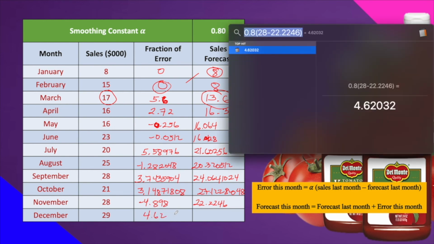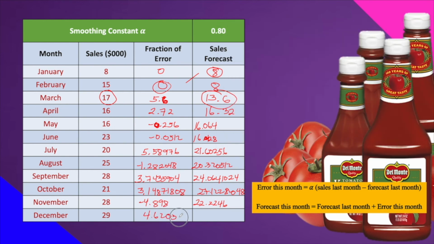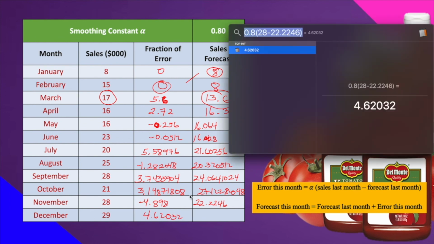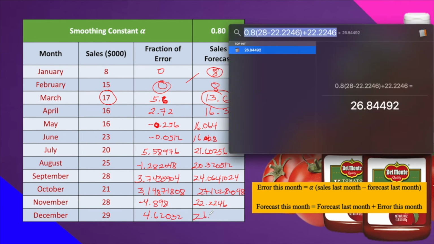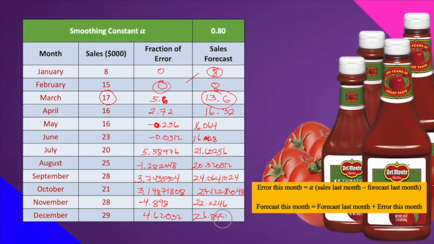For the sales forecast, let's just add this sa ating sales forecast last month, which is 22.2246. We have here 26.84492. 26 ang forecast, pero nung natapos yung buwan ng December, ang actual niya is 29.